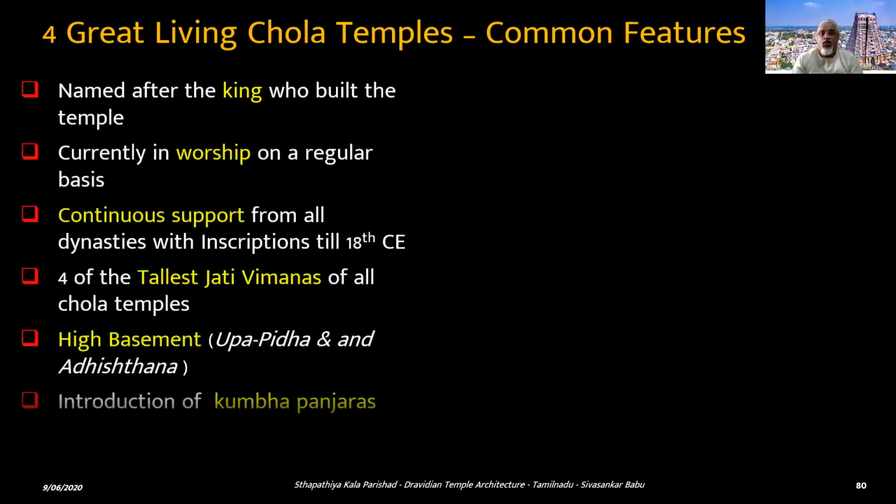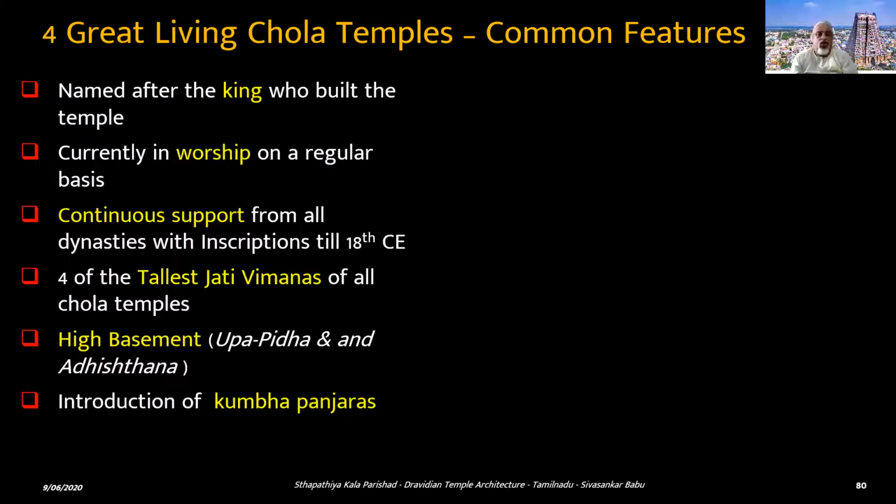So now let us see the common features. If you see this, all of them are named after the kings who built them originally, and they are in current worship on a regular basis, except the big temple, which was on a break for some time. From the building, it has been receiving continuous support from all dynasties with expansion.